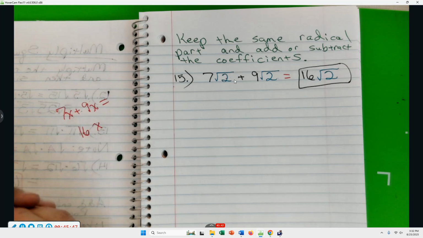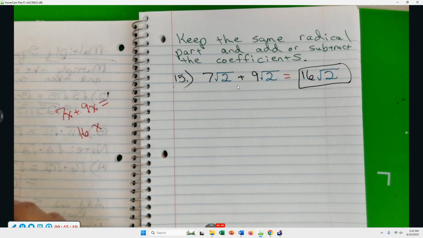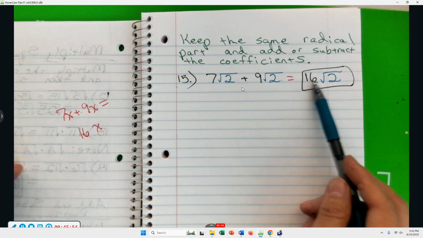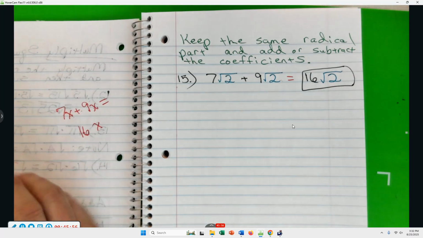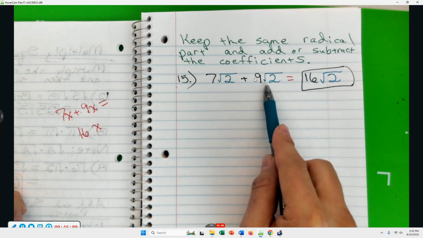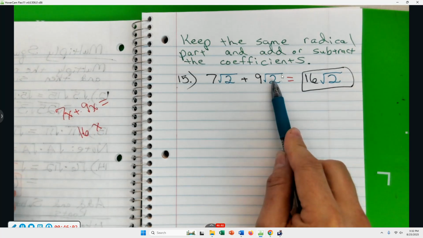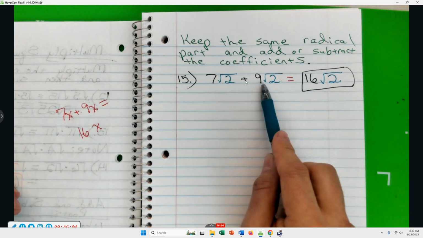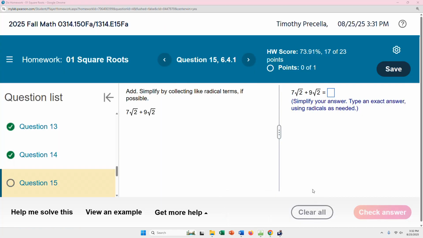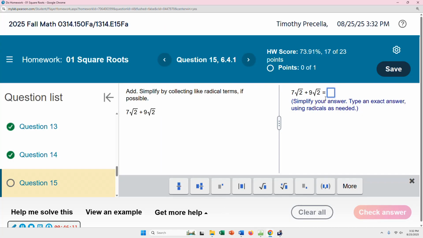Yes, add the radical. That's wrong. That's like 7 cats plus 9 cats. That gives you 16 cats. As long as you have like radical terms, you keep that radical term, you add or subtract the coefficients. Any questions there? Let me type this in. 16 square roots of 2.